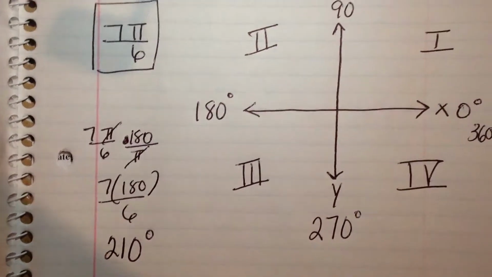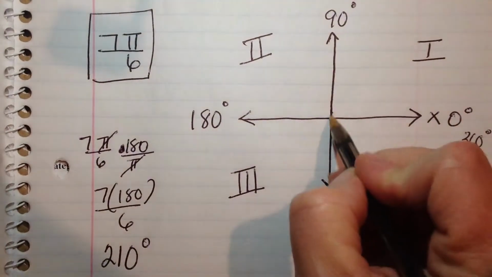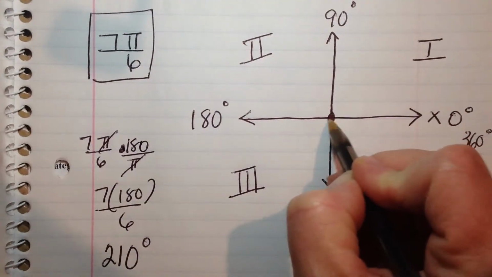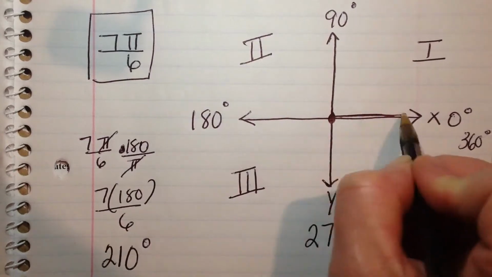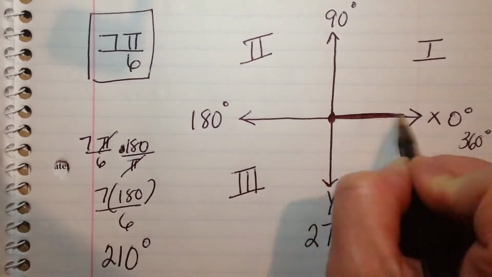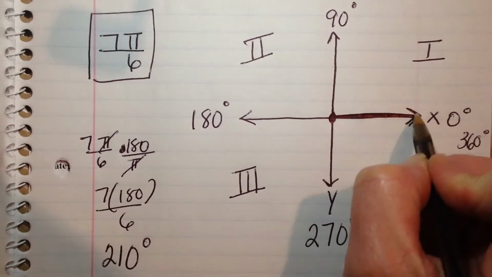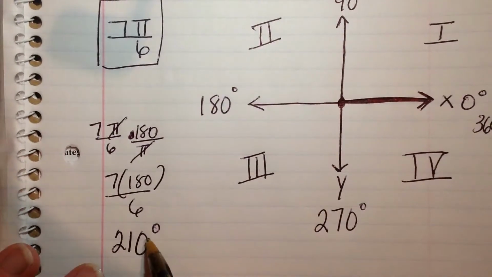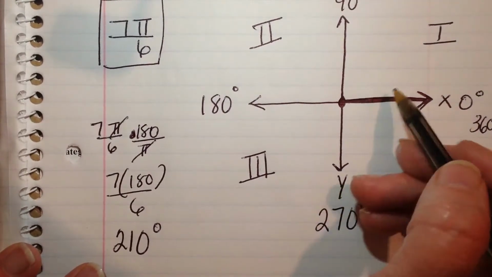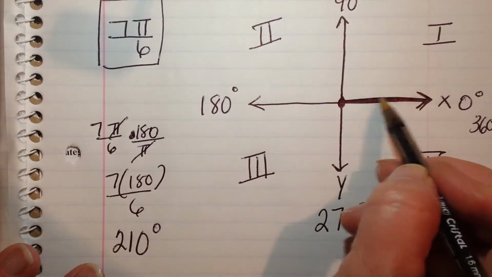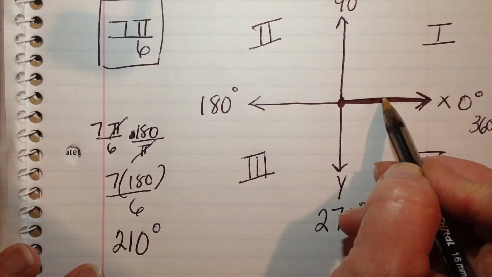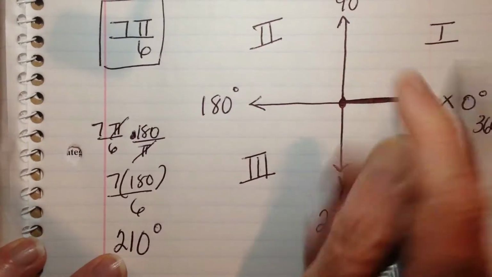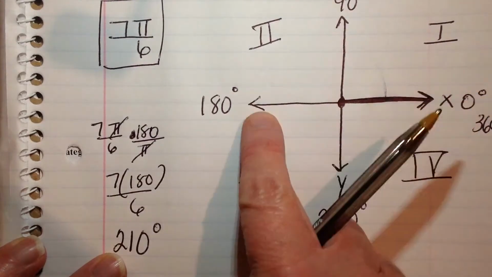So if we were going to draw this angle in standard position, remember your vertex is at the origin. Here is your initial ray. Now, 210 degrees. You draw an angle in a positive manner by going counterclockwise.